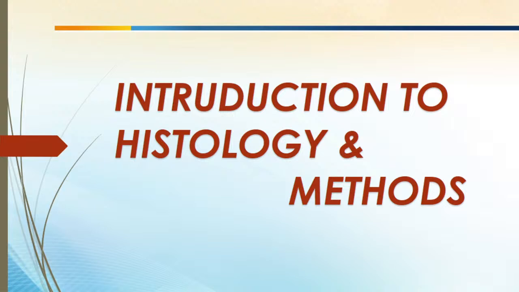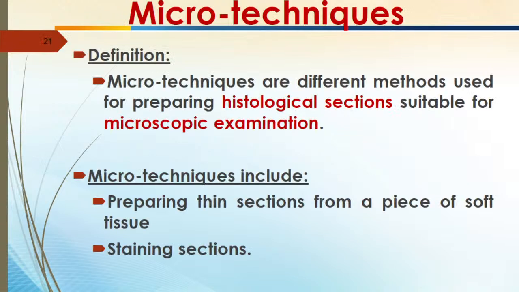And now we are going to talk about introduction to histology and methods, starting from a definition. What does microtechnique mean? Microtechniques are different methods used for preparing histological sections suitable for microscopic examination.